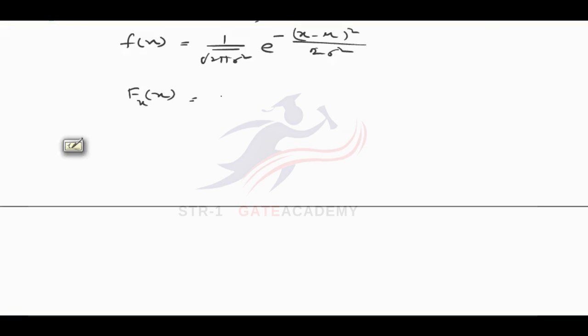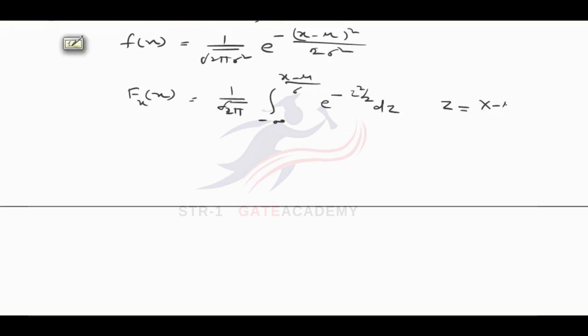We will revise some points regarding Gaussian. The PDF of Gaussian can be represented in this way. The CDF of Gaussian is marked as 1 upon root 2 pi, integral from minus infinity to x minus mu upon sigma of e power minus z square by 2 dz, where z equals x minus mu upon sigma.